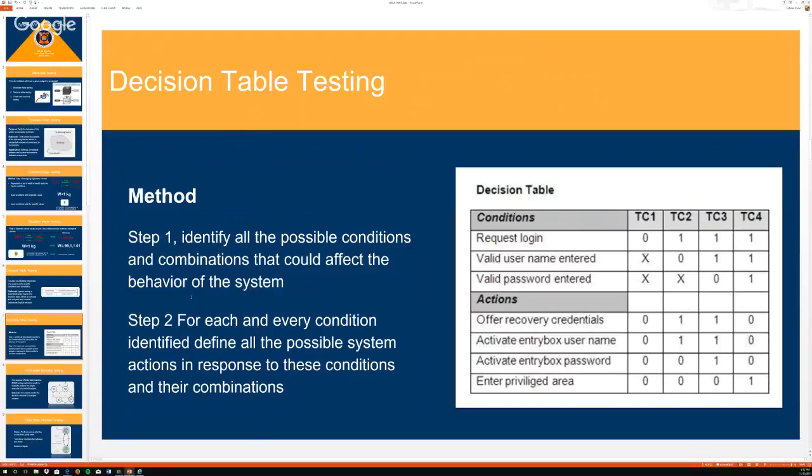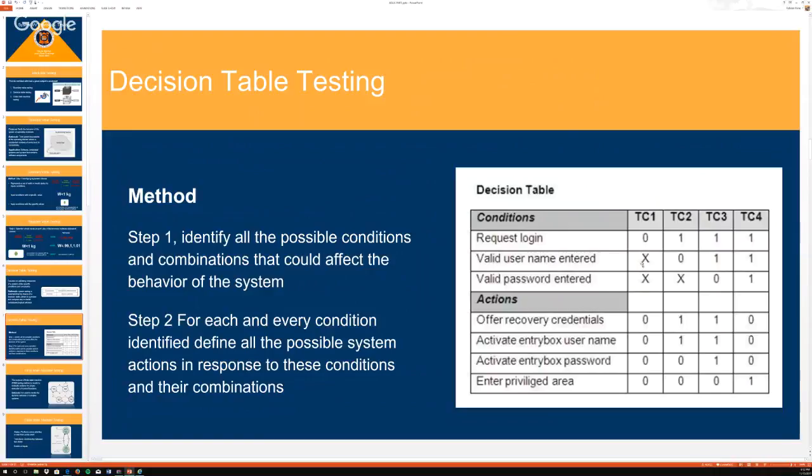So here we have conditions: we can request login, valid name, valid password. We have actions like offer recovery credentials, activate entry box for username or password, or enter the system, give access.